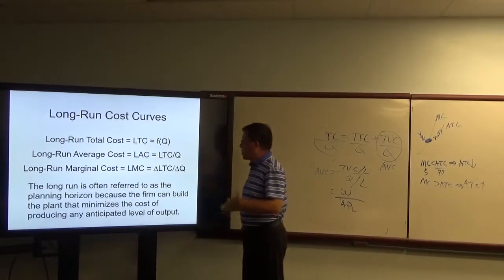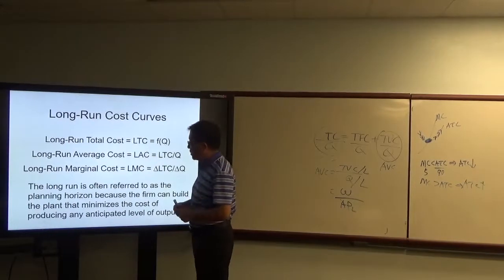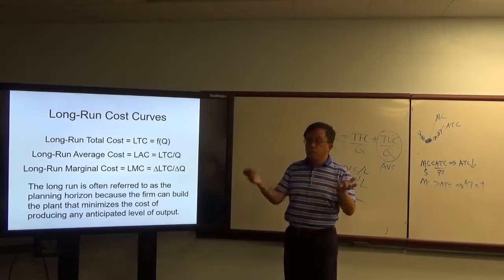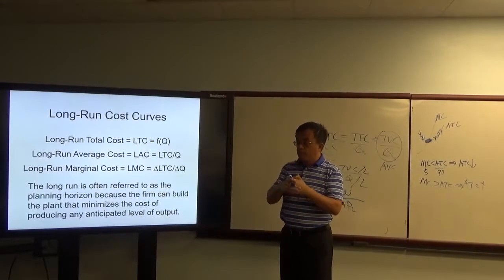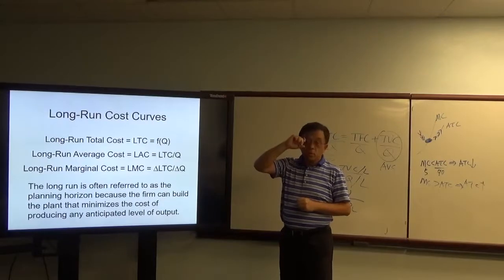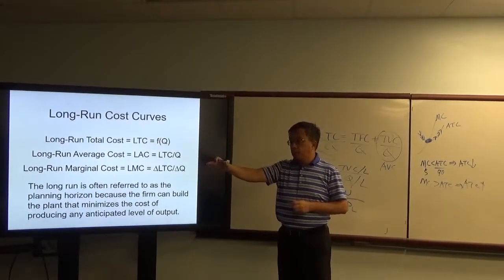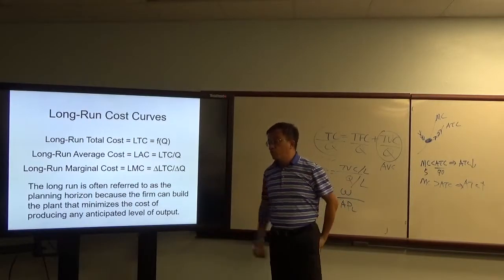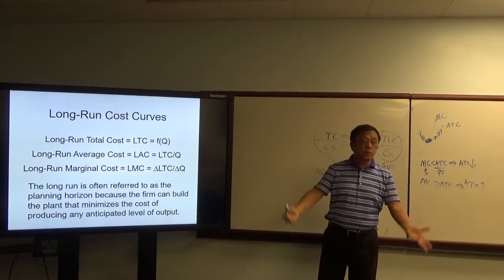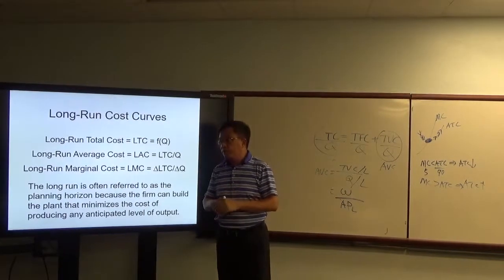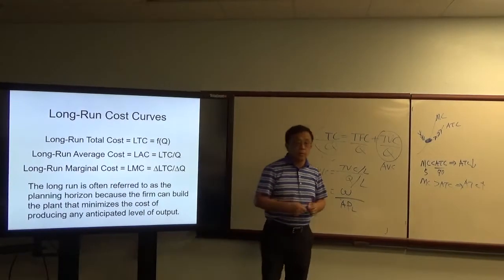The long run is basically the idea that the company will have sufficient time to change all inputs. In the short run, in a simple case, once you sign a lease for 3 years, you will not be able to move. The only thing you can change is the quantity of the labor input, the number of workers you use.